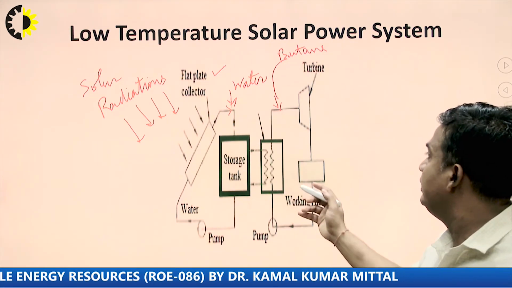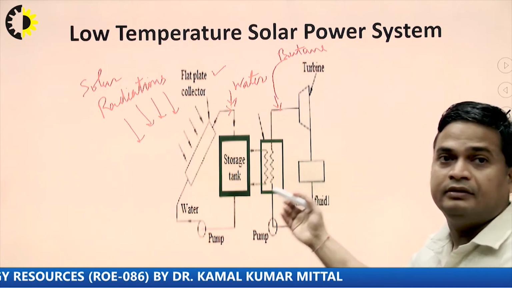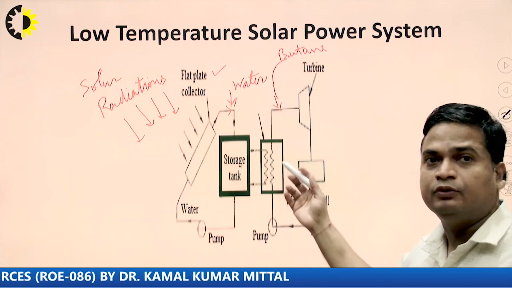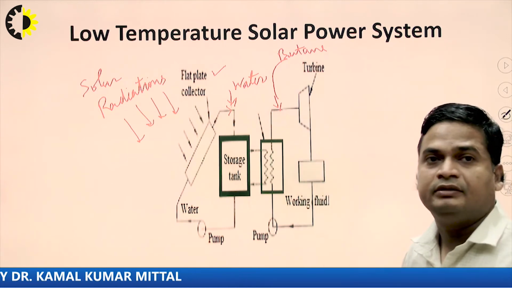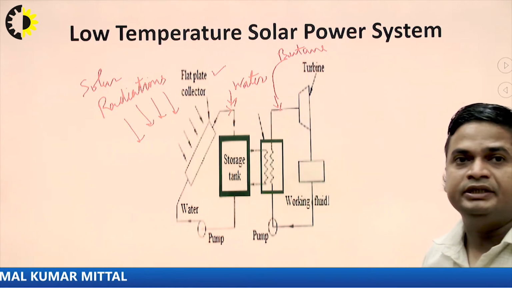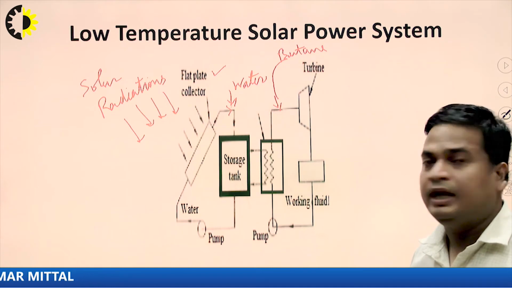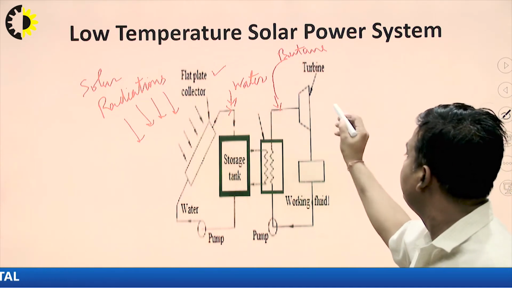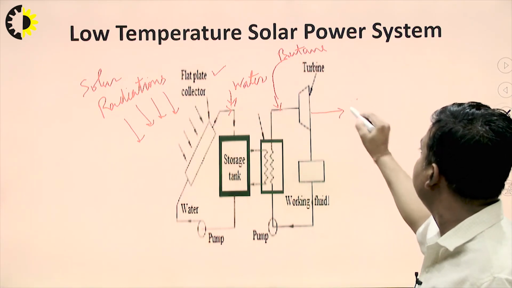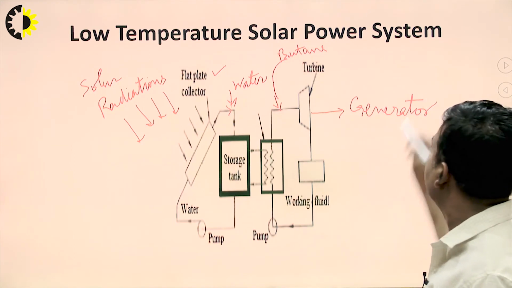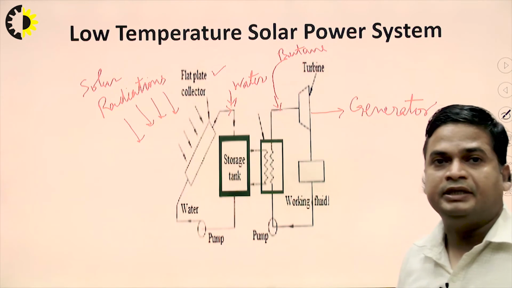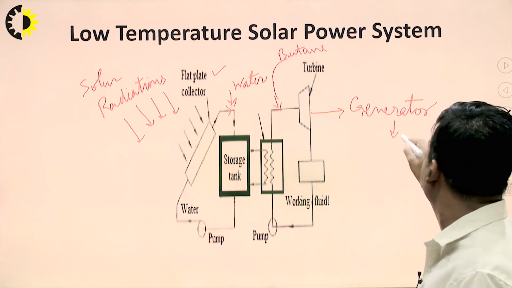So this butane takes the heat and is converted into the gaseous state, and that butane gas transfers its energy to the blades of the turbine, and the turbine is rotating. A generator is there, and that generator is used to produce electricity.